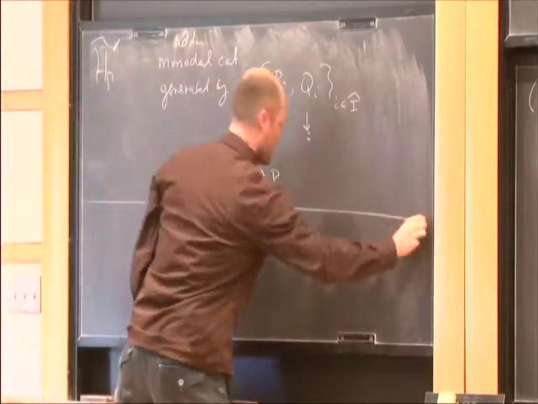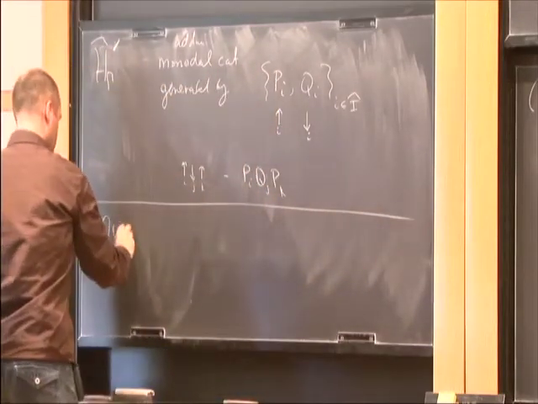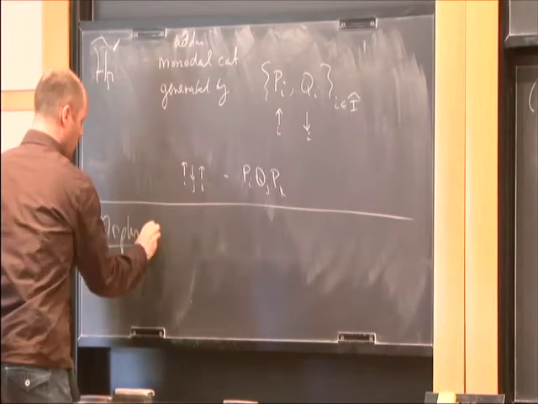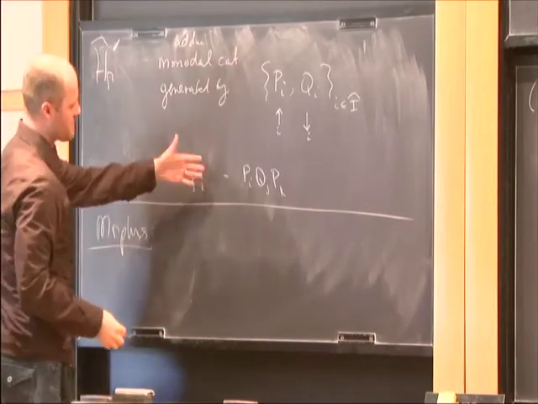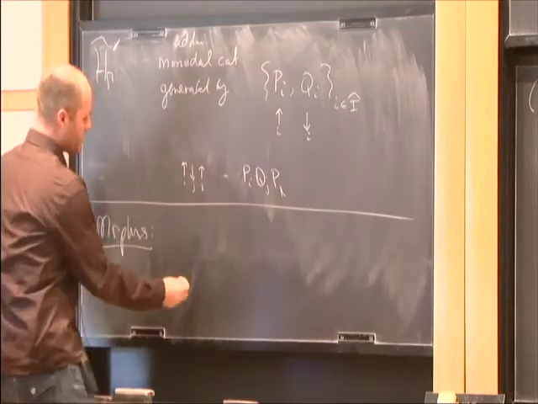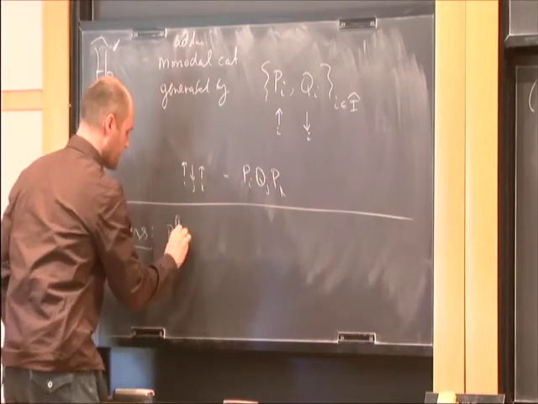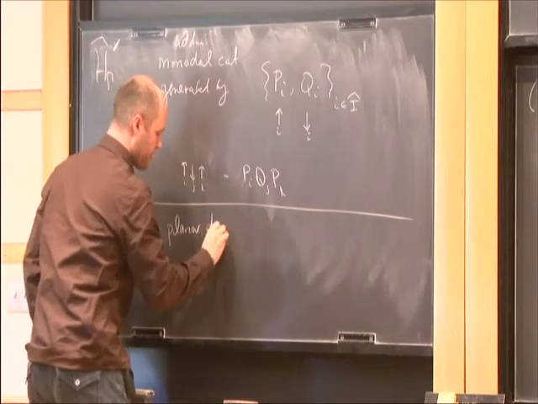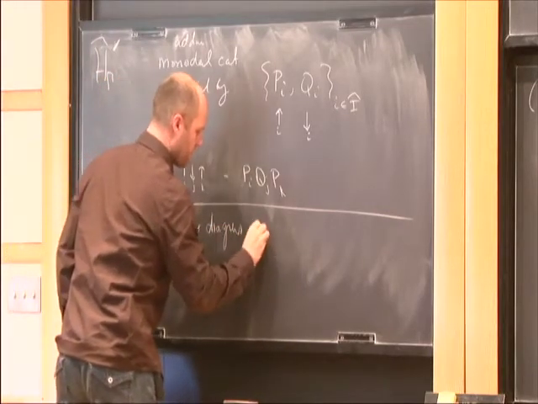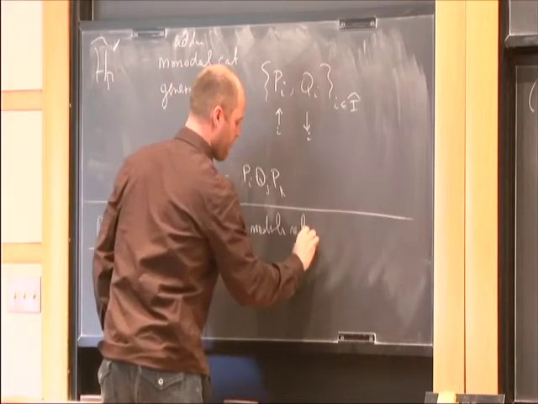So morphisms are defined as, the reason we draw these things in pictures is that we define our morphisms as planar diagrams modulo relations.